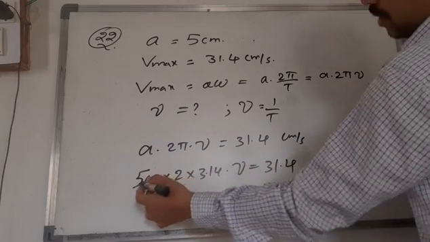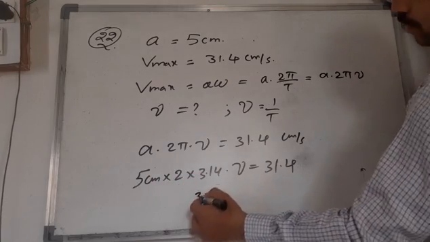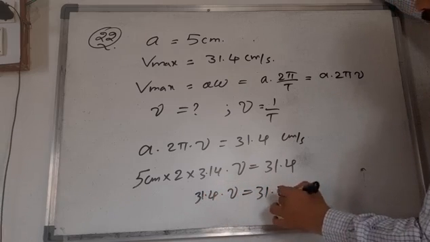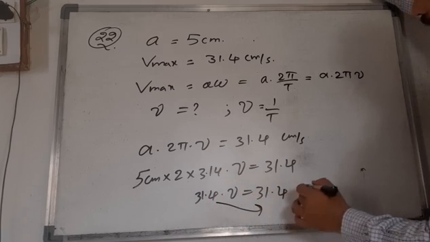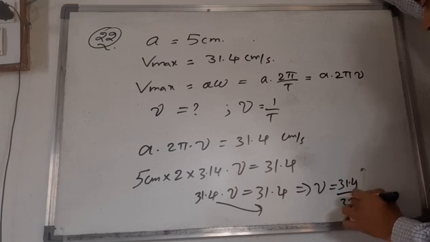Now 5 into 2 is 10, and 10 into 3.14 is 31.4. So 31.4 into nu is equal to 31.4. You bring this to this side, you get nu is equal to 31.4 by 31.4.